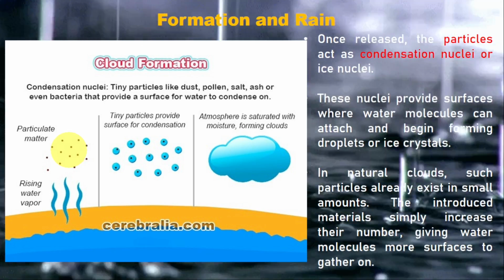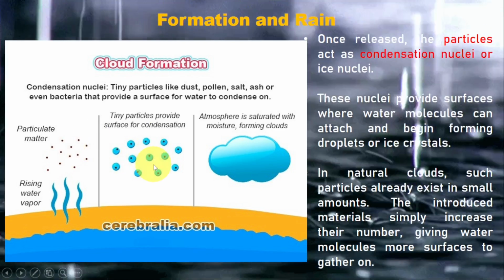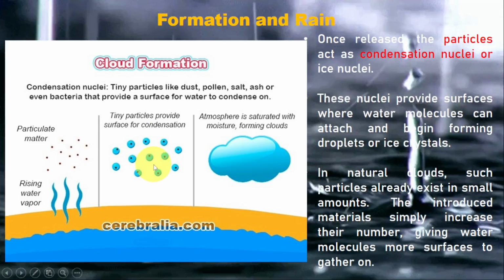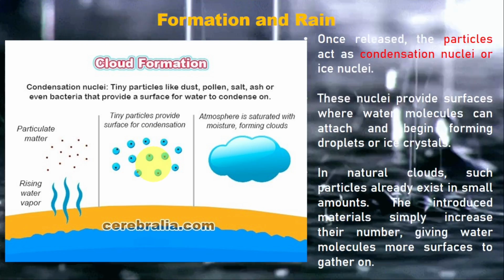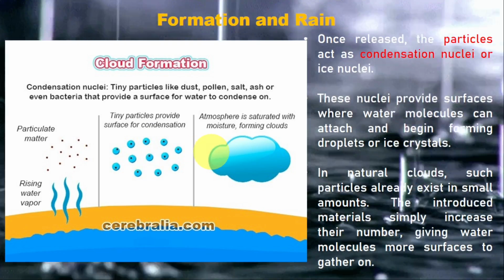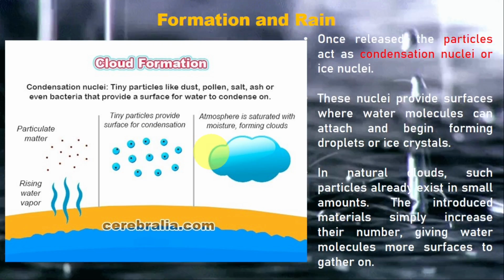So this is exactly what happens here. The more of these particles, the faster the cloud formation. When the clouds are formed, they fall as rain.